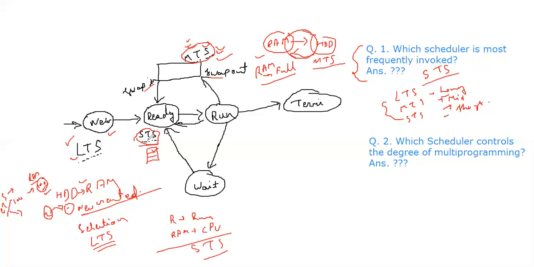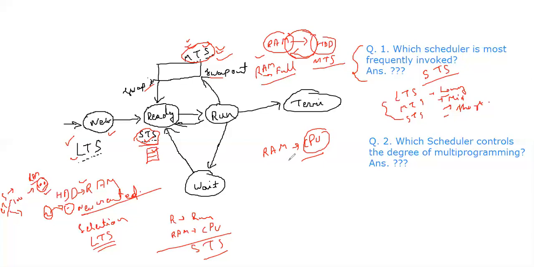Now, what about short term? Now we are focusing on process sending between RAM and CPU. And we know the CPU is the fastest unit. It works very quickly.